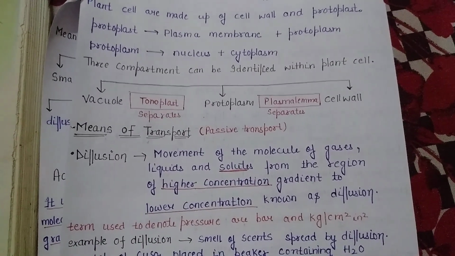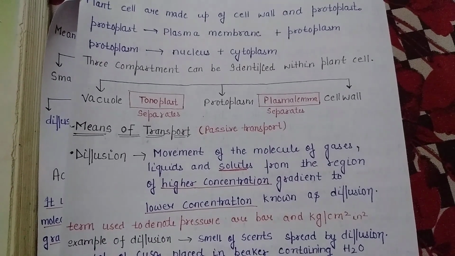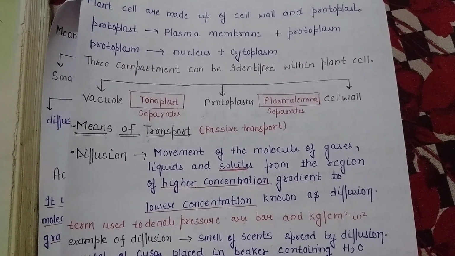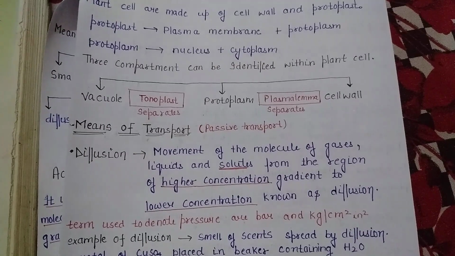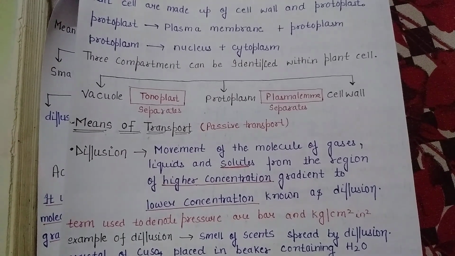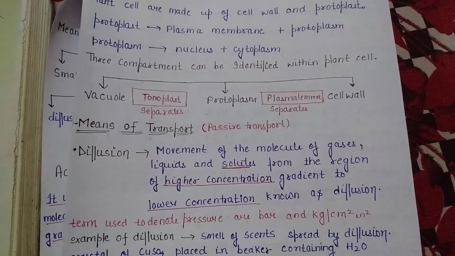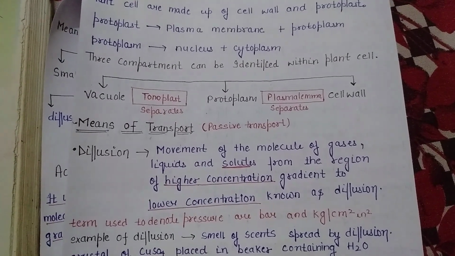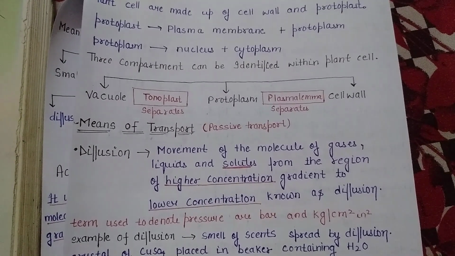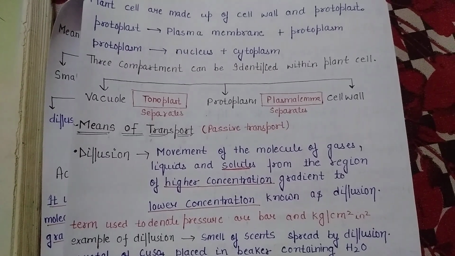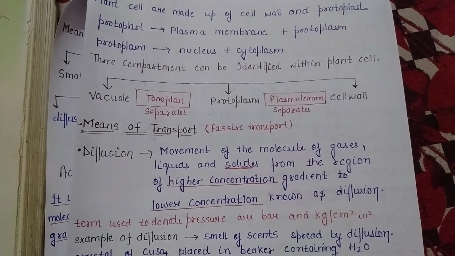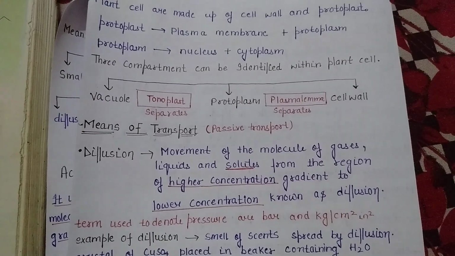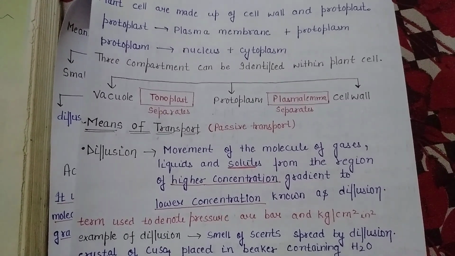Protoplasm is plasma membrane plus protoplasm, and protoplasm is nucleus plus cytoplasm. The three main components that can be identified within a plant cell are vacuole, protoplasm and cell wall. The tonoplast is the covering of the vacuole which separates vacuole and protoplasm, and the plasmalemma is what separates protoplasm and cell wall.